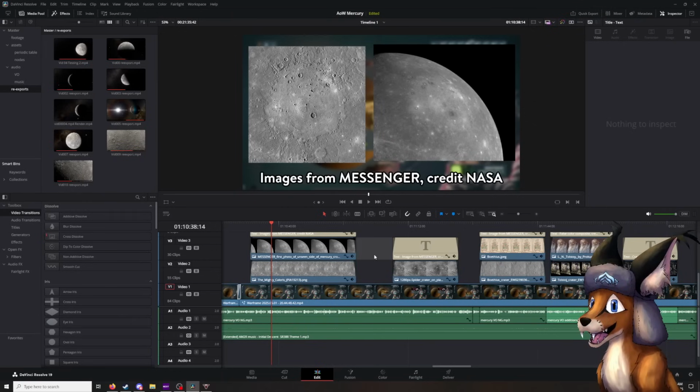I think it just goes to show how crazy science is in the modern era, and not even just modern era. Like I said, Mariner was in the 70s, even Cold War era because of the space race and stuff. The fact that we have stuff like this is fucking insane. These are pictures of another planet, tens of millions of kilometers away, and yet we sent a probe out there and it was able to take these photos and send them back to us.